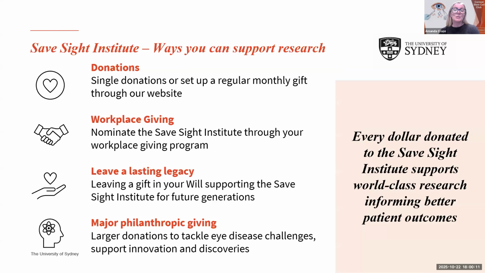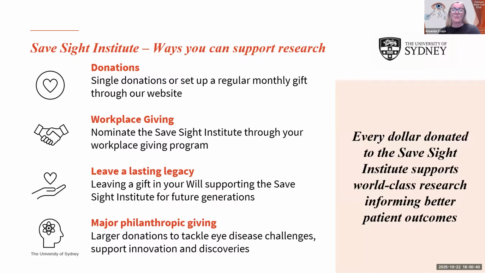So no matter how large or small your donation, your support makes a difference now and into the future. There are various ways to support the Corneal Research Group at the SafeSight Institute, by either a single or regular monthly donation, or donating through your workplace giving program. Considering a gift in your will to the Corneal Disease Group at the SafeSight Institute is also a meaningful way to contribute to future eye disease research.